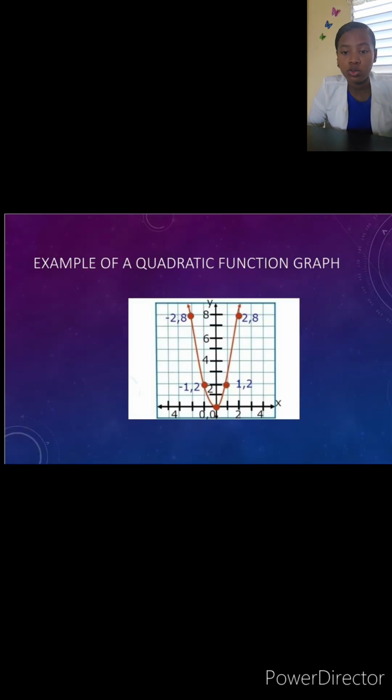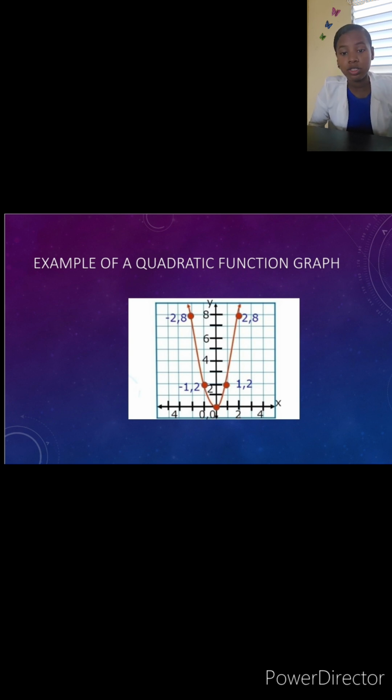I will be showing you a visual aid of a graph that we will be looking at. So you can look at it and you will notice what to expect when we are going to graph our examples.